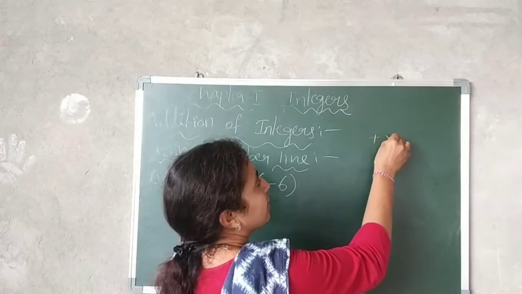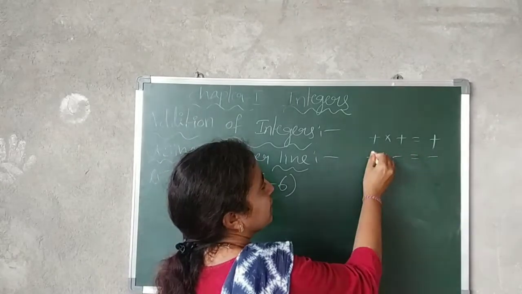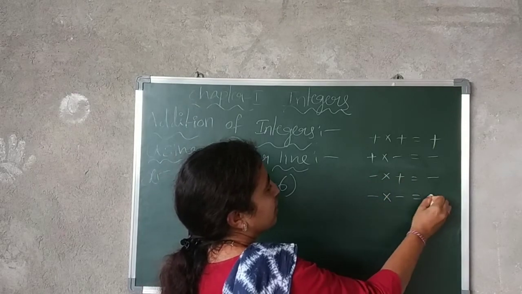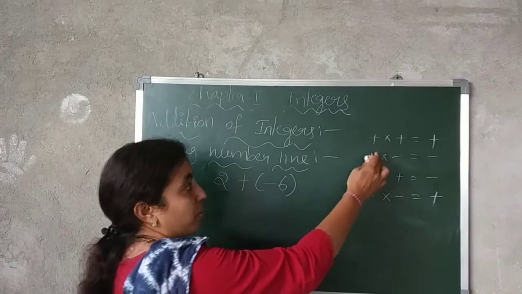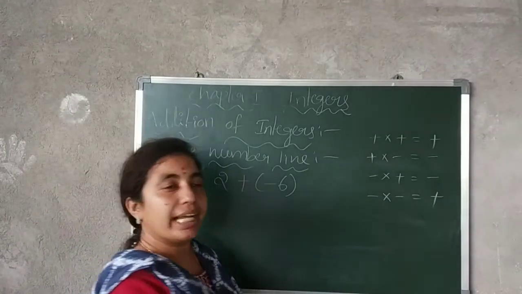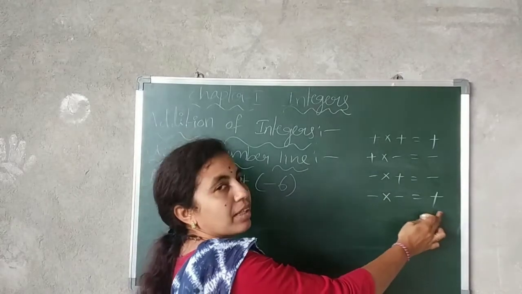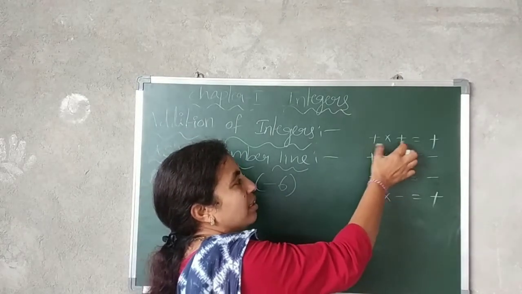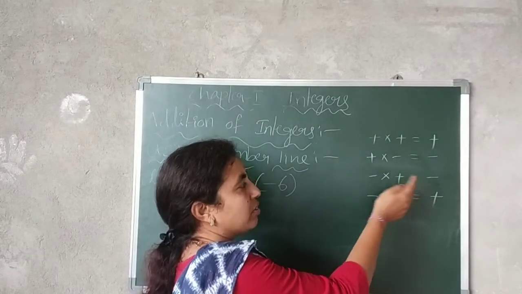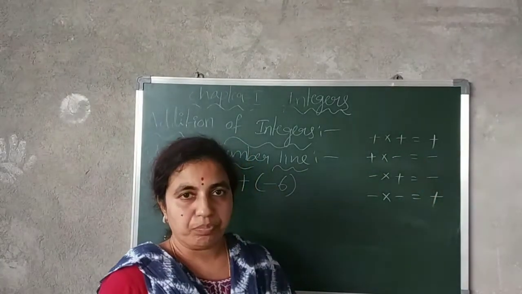Plus into plus is plus, plus into minus is minus, minus into plus is minus, minus into minus is plus. When you have two same signs, you will get plus. When you have two different signs, plus into minus or minus into plus, both times you will have a minus. So remember that.